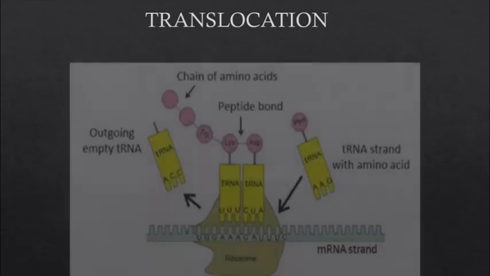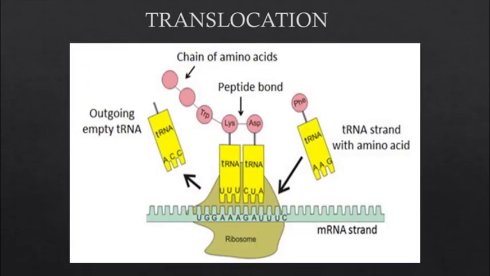During the process, the ribosome keeps on moving from one end of the mRNA to the other end by the distance of one triplet codon. This is called translocation. So many chains of amino acids come together to form a complex protein and are attached to each other by a peptide bond. This is how proteins are synthesized.